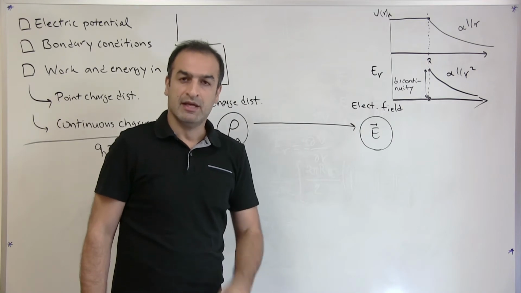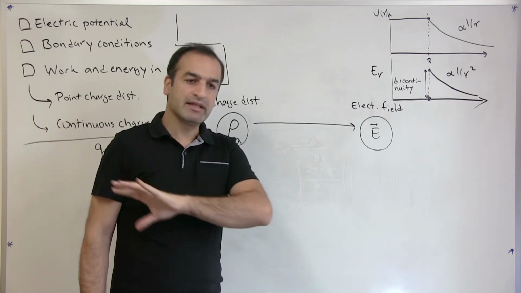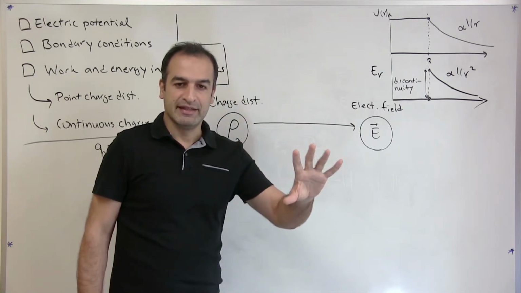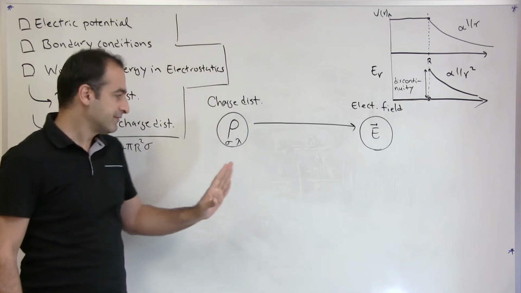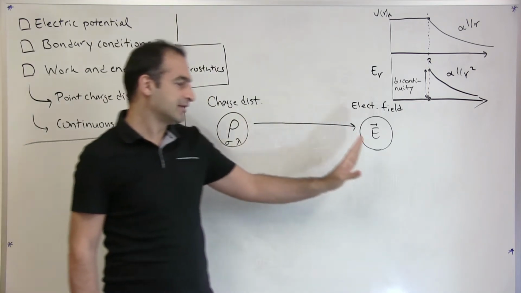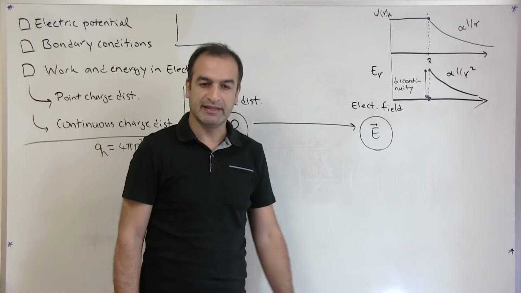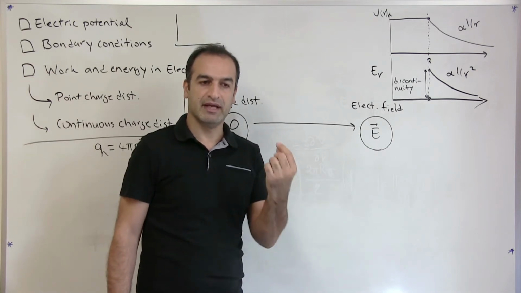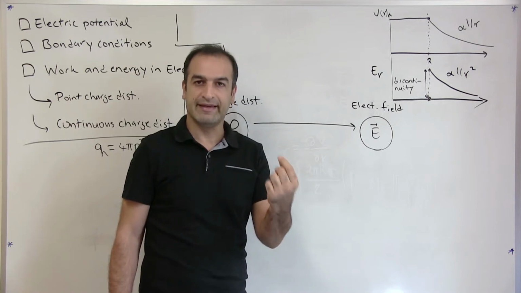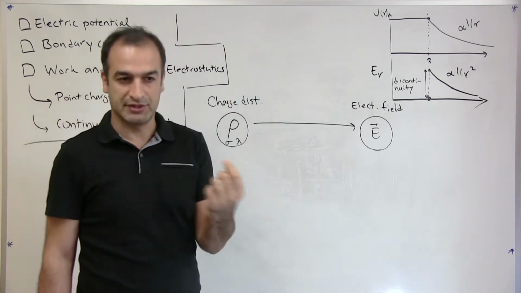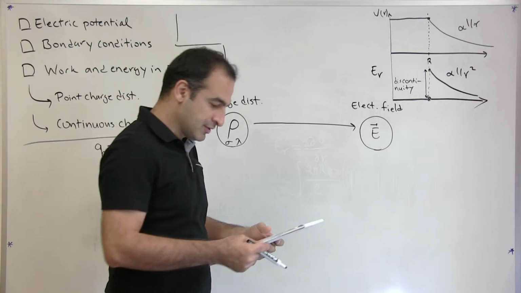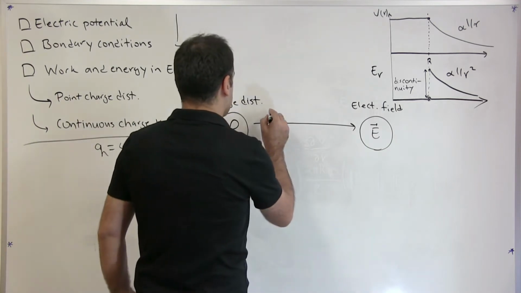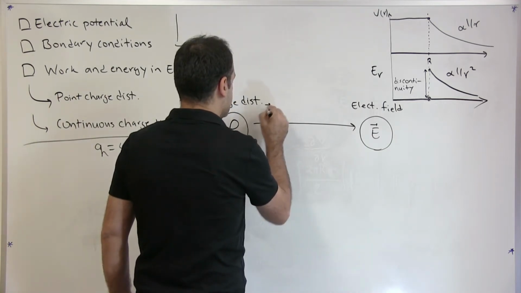Among the things we discussed so far, mathematically there is a direct way from charge distribution to the electric field, and that is integrating the electric field created from any infinitesimal charge distribution. I'm going to write that as an integral here.